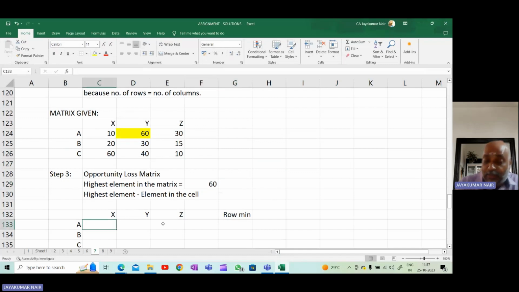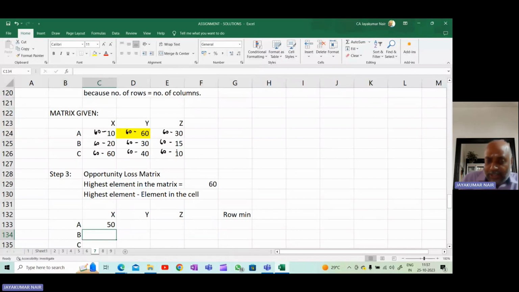The opportunity loss matrix is equal to the highest value minus the element in the matrix. In other words, it is 60 minus 10, 60 minus 60, 60 minus 30, 60 minus 20, 60 minus 30, 60 minus 15, 60 minus 60, 60 minus 40, 60 minus 10.